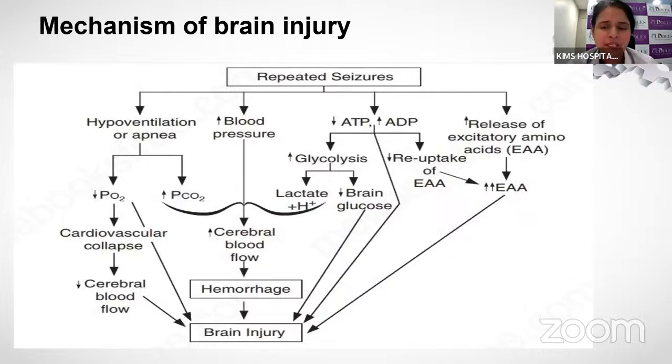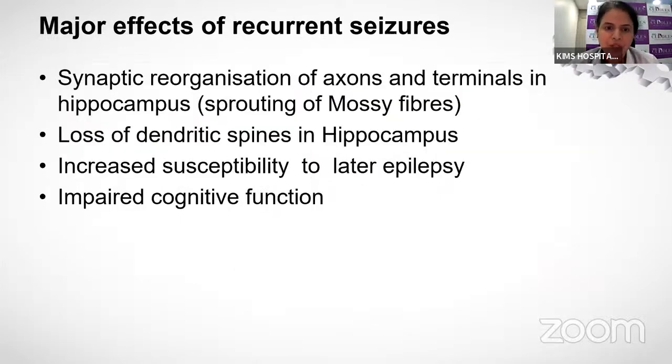All these processes result in augmenting brain injury, ultimately involving excitotoxic amino acids and excitotoxicity as a pathophysiological mechanism. So repeated seizures can also increase the neurological morbidity by enhancing a cascade of neuronal injury.